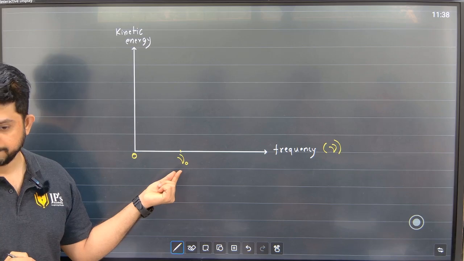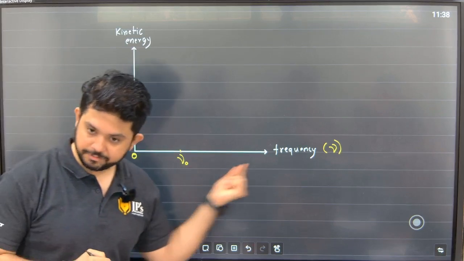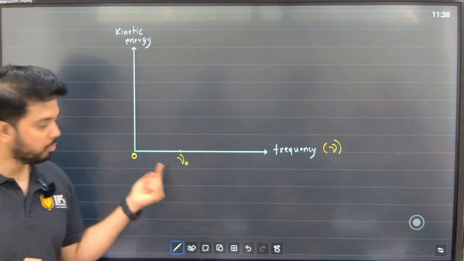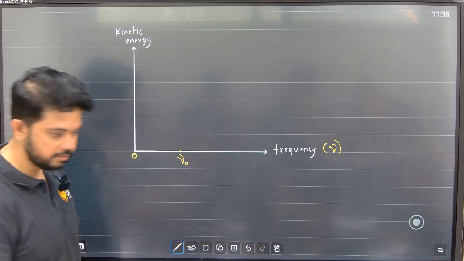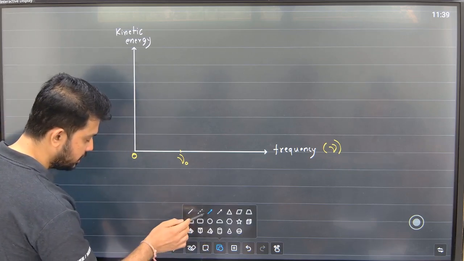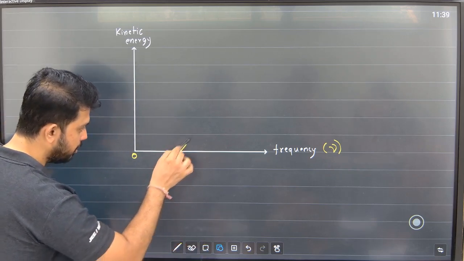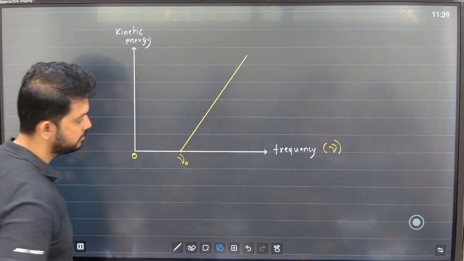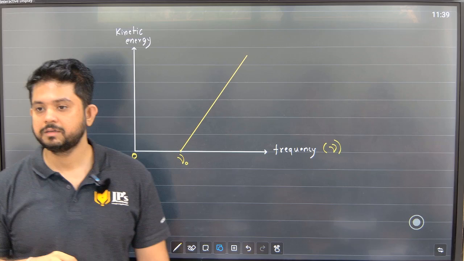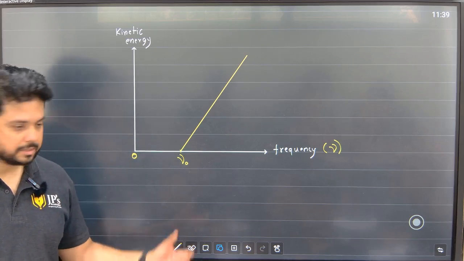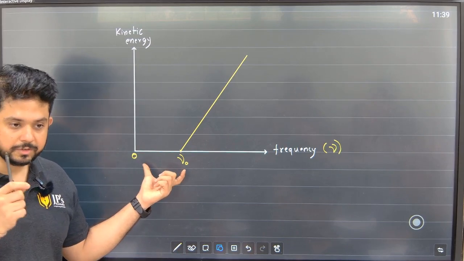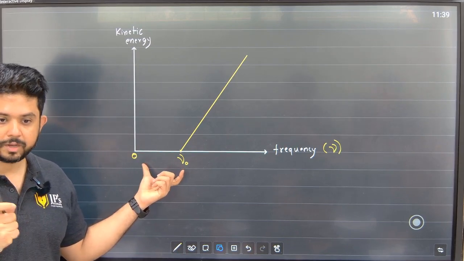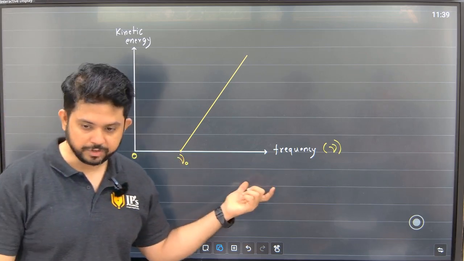No. Now when you further increase the frequency, the kinetic energy of the electrons will keep on increasing. Did you understand the plot? Why is the kinetic energy 0 till this point? Because the frequency of the incident light has to become equal to the threshold frequency.